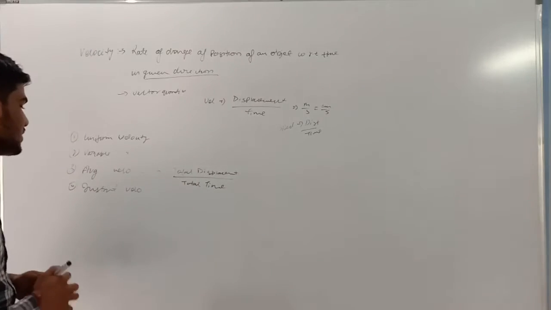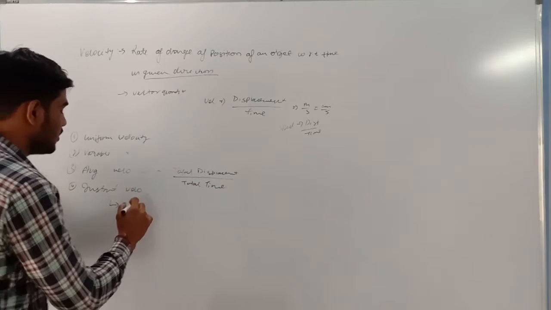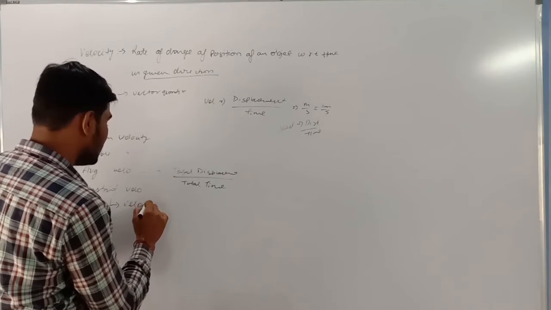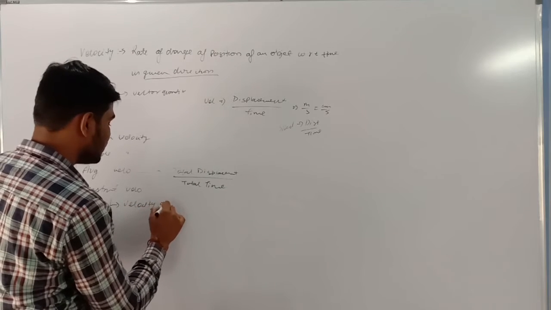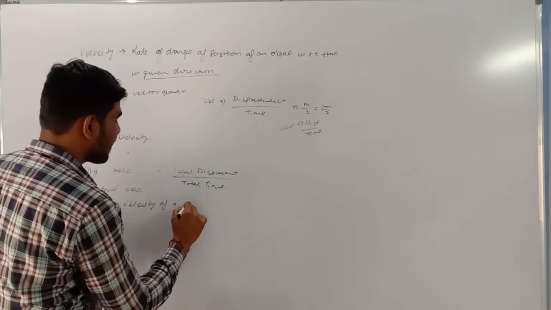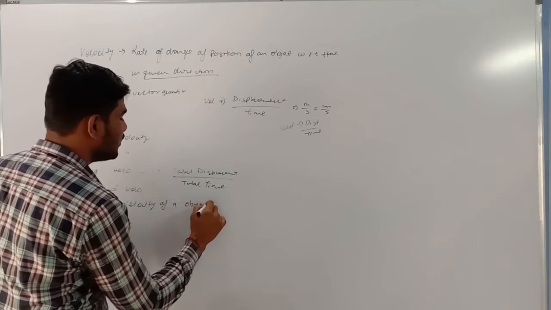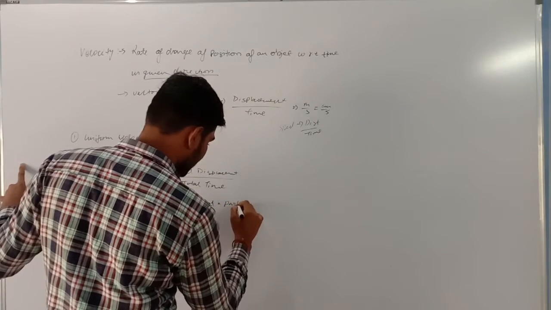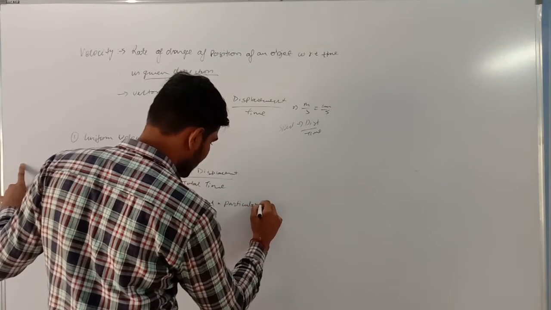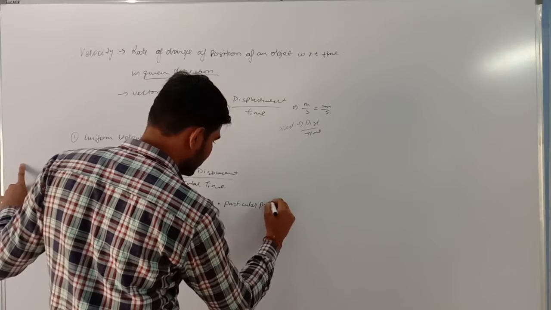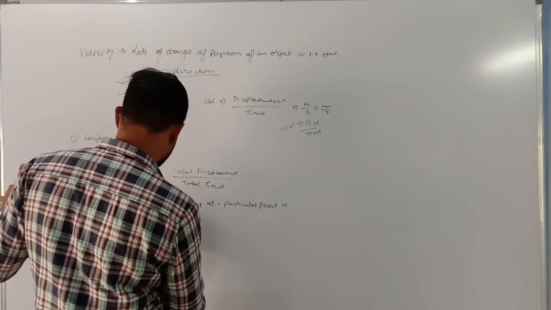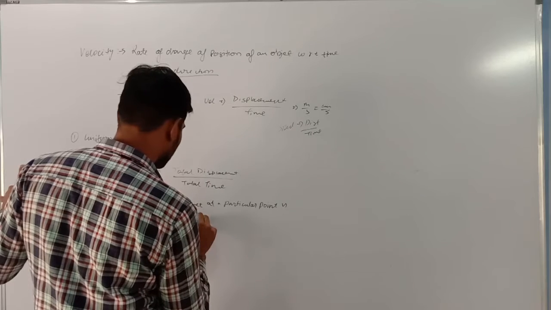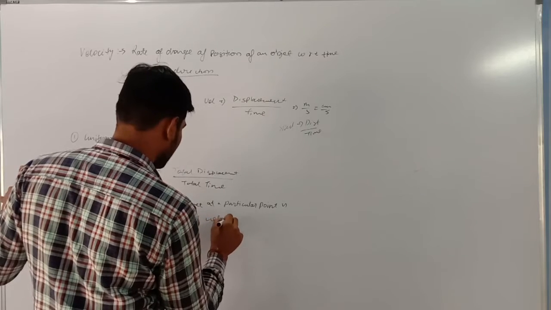So now what is instantaneous velocity? Instantaneous velocity of an object at a particular point is known as instantaneous velocity.